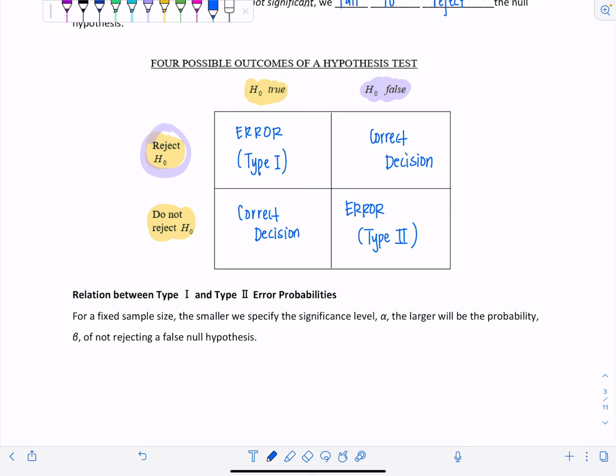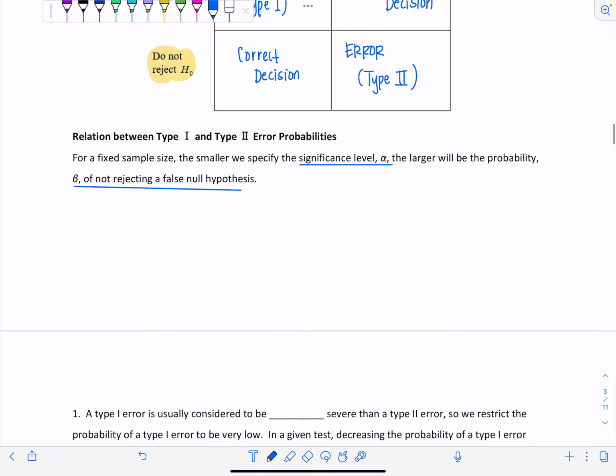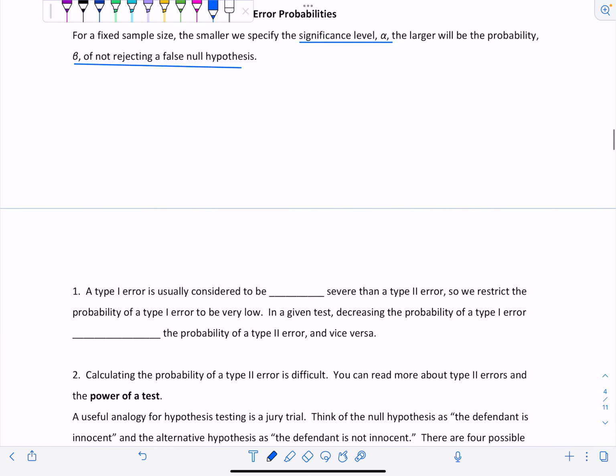Okay. So what's the relationship between type 1 and type 2 errors? Well, for a fixed sample size, the smaller we specify the significance level, alpha, the larger will be the probability beta of not rejecting a false null hypothesis. So basically, as one goes up, the other goes down. Type 1 and type 2 errors are classified a little differently.